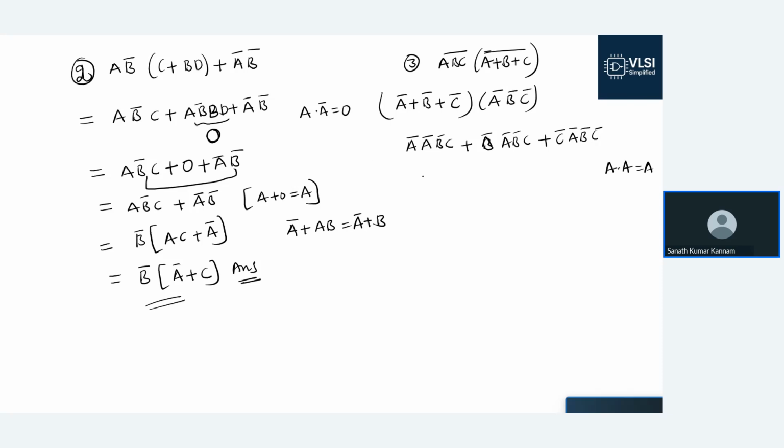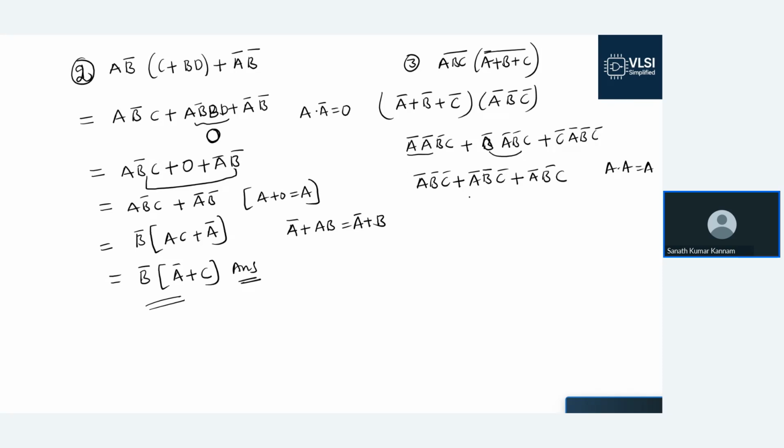So that means you can write A bar, B bar, C bar. A bar and A bar equal to A bar I am writing, and B bar and B bar equal to B bar I am writing one time. Okay, and here also C bar and C bar I can write one time C bar. So A bar, B bar, C bar.